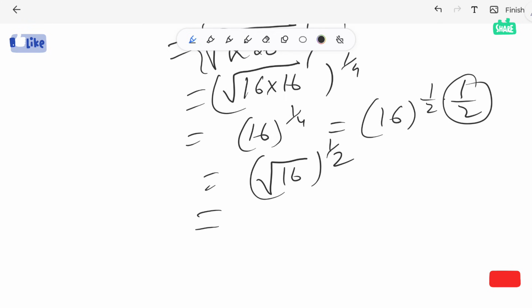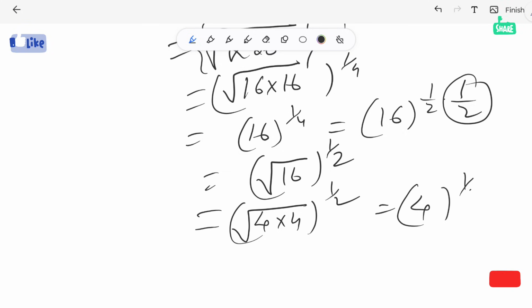Square root of 16 is nothing else, 4 into 4 can be written as 16 whose power is 1 by 2. So 4 will be taken out from the roots. Now again we have 1 by 2 as power, so again 1 by 2 means square root of that number. So finally we have 2 as the result.